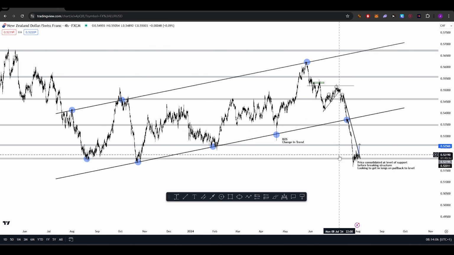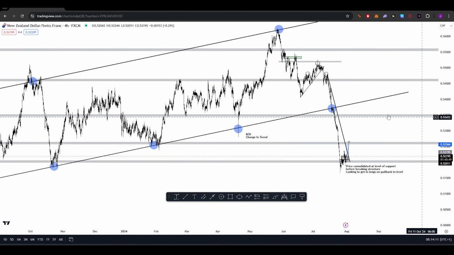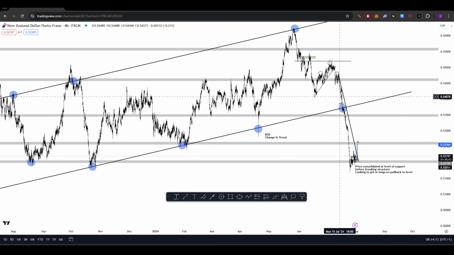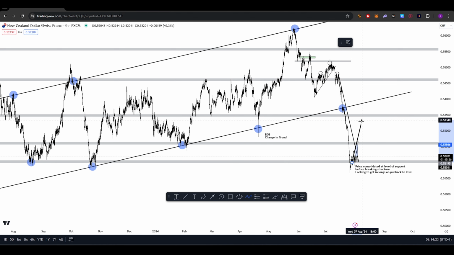So naturally came down into this level of support, and I was thinking, okay, two clues. We've had a strong push down lower, and we made a lower low. Essentially, since we've broken this higher low, we made a lower low. So the move we can have next is a pullback. We've got first resistance here. If this one breaks, we've got another resistance here.